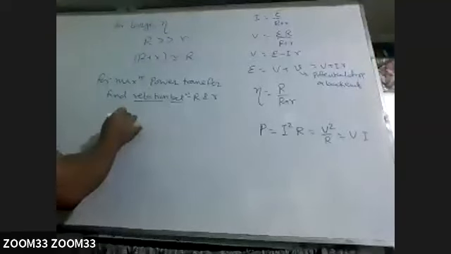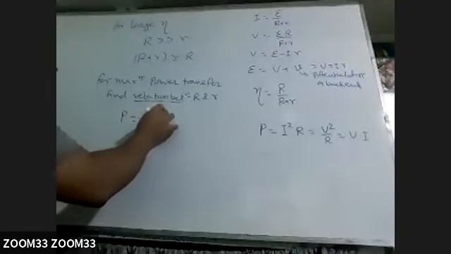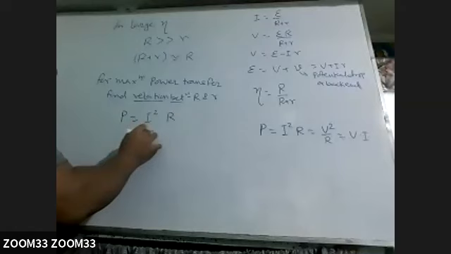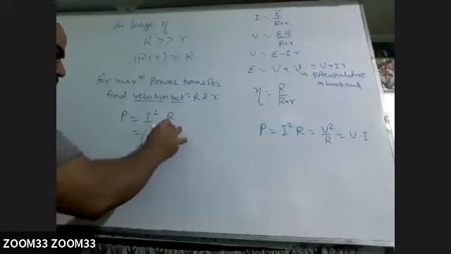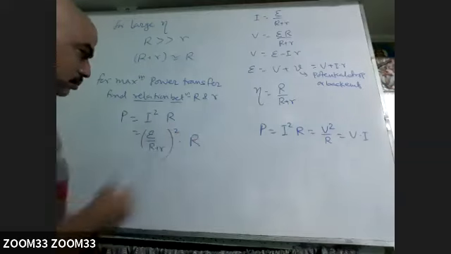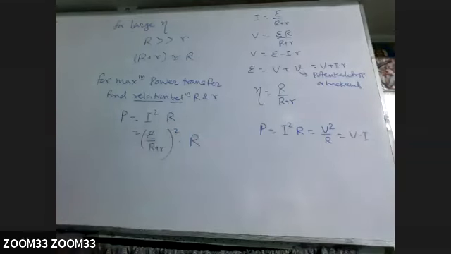As we know, this P is I square R, which is E by (R plus r) whole square into R.